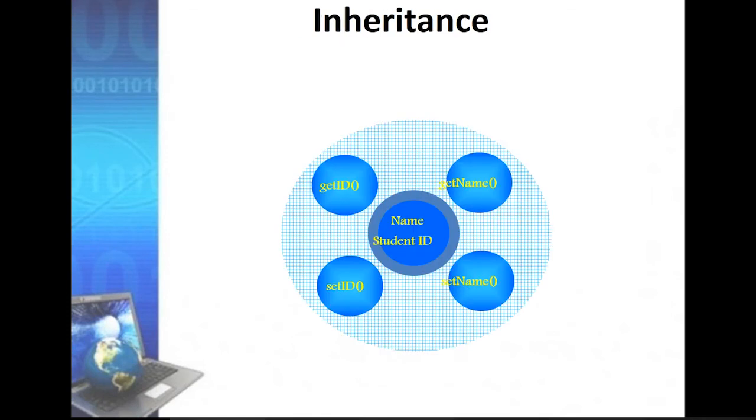So again, with this, pwede nyo makuha yung student name, yung ID, and etc. So, for example, if your parent has the get ID and get name, so malamang if you're going to inherit that, magagamit nyo din yung get ID and get name. Okay, so that is inheritance.